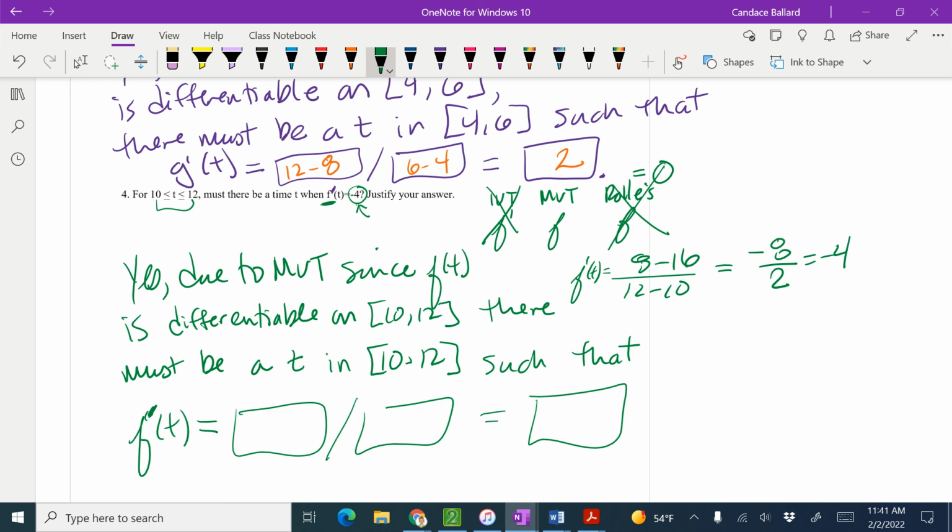So the box, which is 8 minus 16, and then 12 minus 10, and then -4.